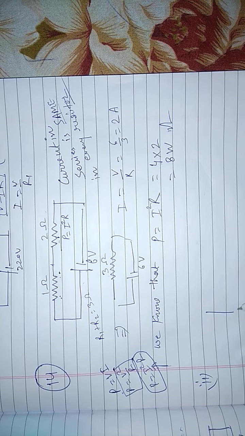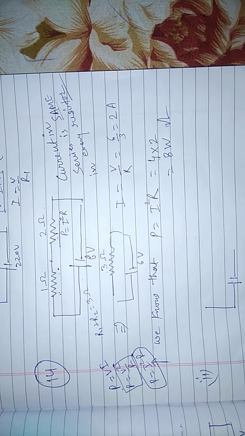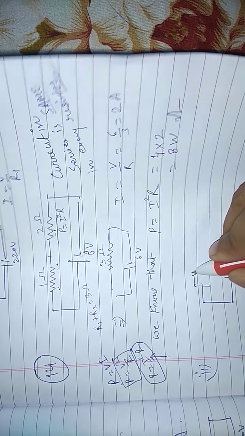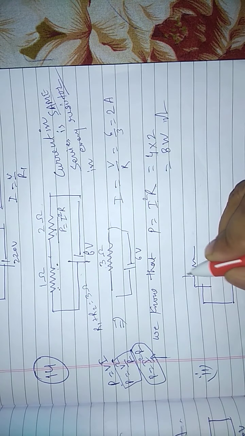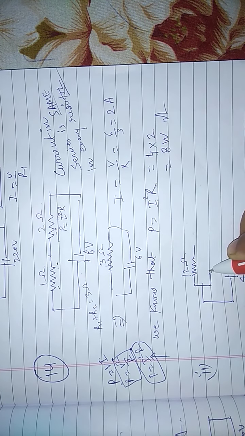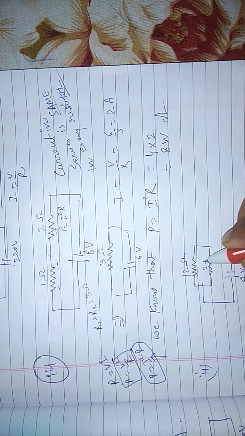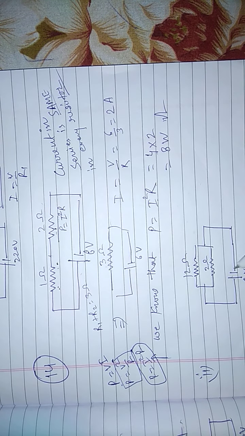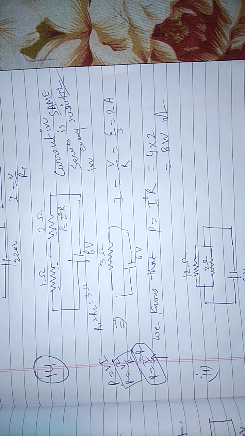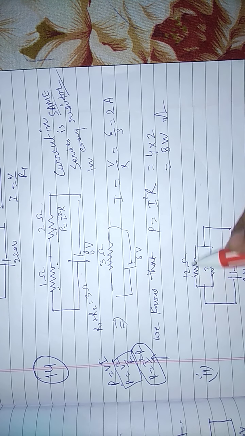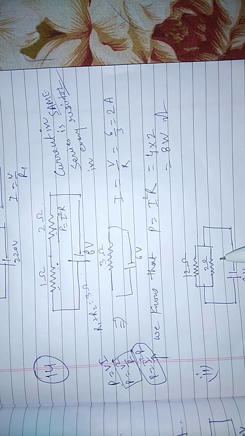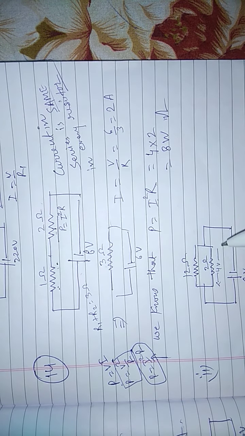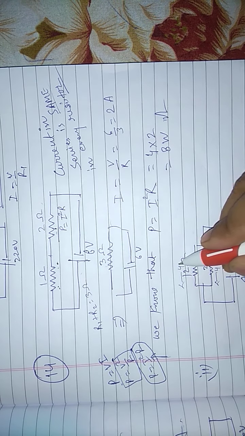We have a 4 volt battery and a parallel combination of 12 ohm and 2 ohm. This is the circuit. Then what is the voltage across these two? Voltage will be same in parallel combination, so voltage across this will be equal to 4 volt and voltage across this will be equal to 4 volt.